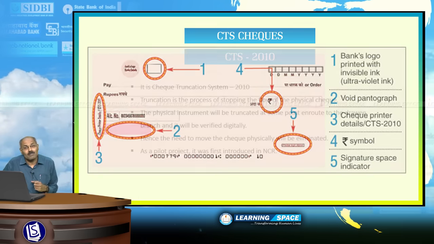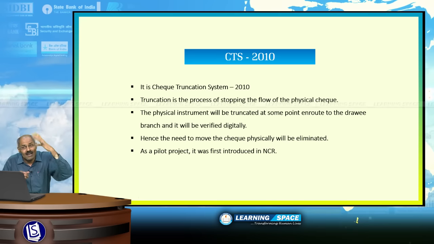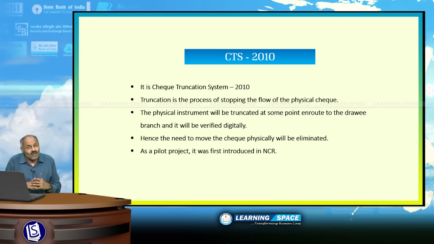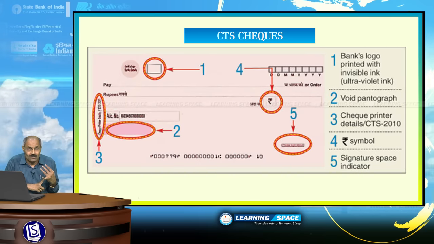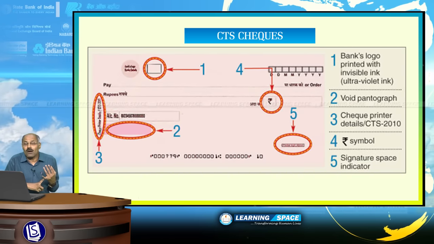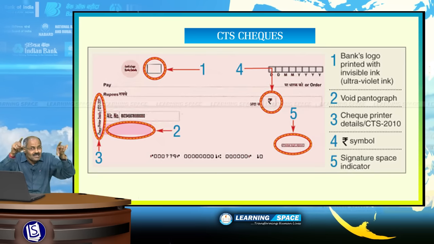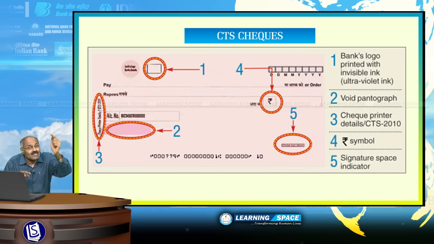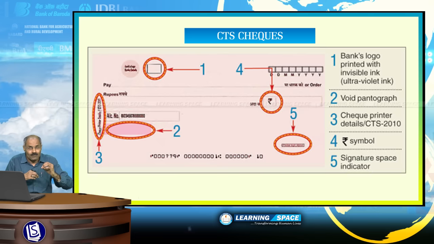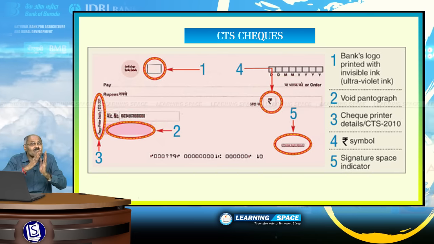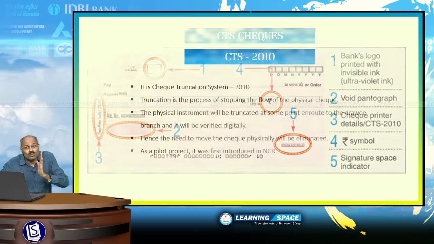So what are the special features of CTS checks? Please look into this. CTS checks have several inbuilt features. First and foremost are the security features. That means duplicate checks or fraudulent checks are not possible because of these security features. The second important aspect is that the check will not physically move; only the image will move from one place to another.